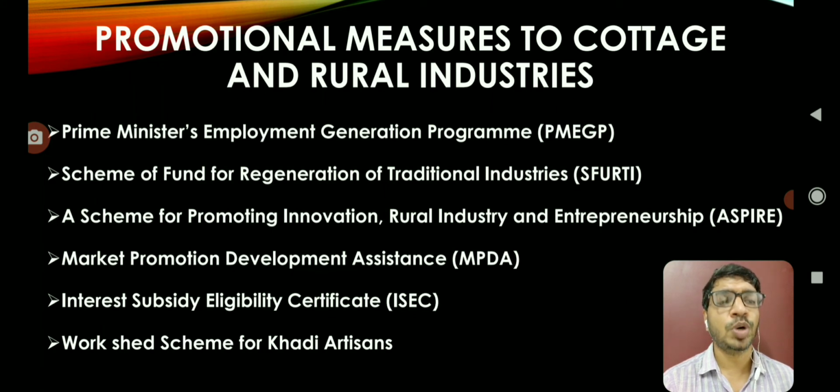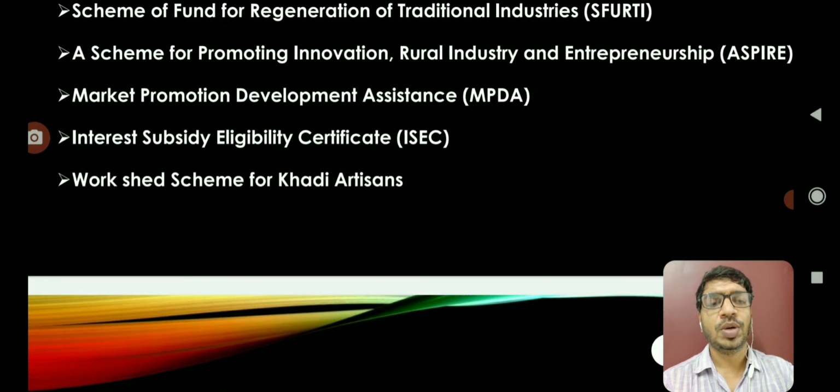The remaining interest portion would be borne by the government to promote entrepreneurship in rural areas. Workshed scheme for Khadi artisans. This is especially meant for Khadi artisans. These are a few important schemes or programs initiated by the Government of India to support cottage and rural industries.